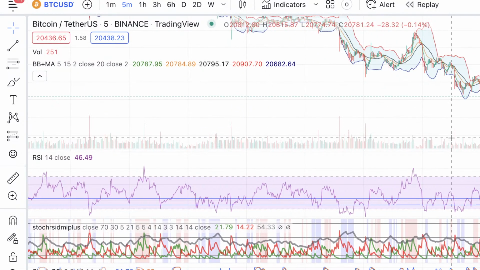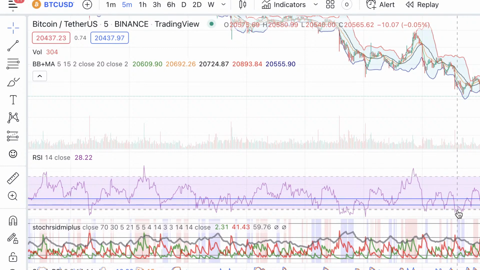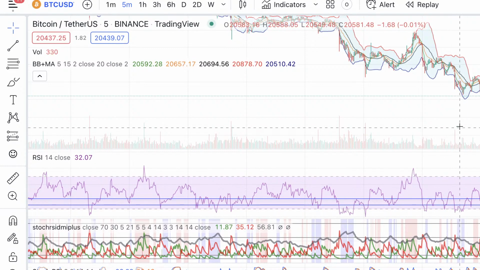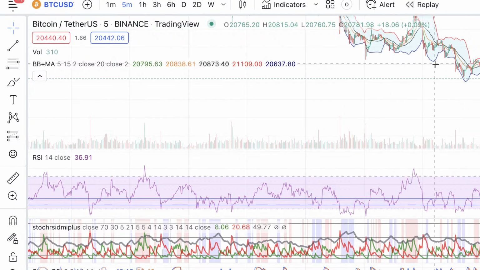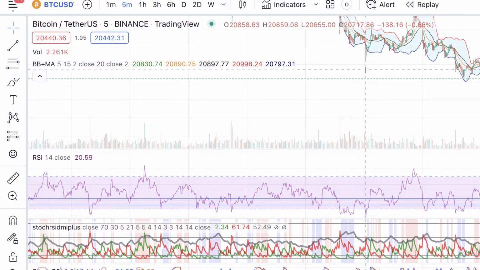But there it is. So we've got a little bit of oversold momentum going down. So the price keeps going down at the pivot points here. It hits 20.59.